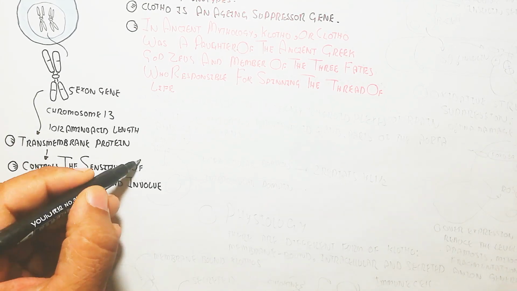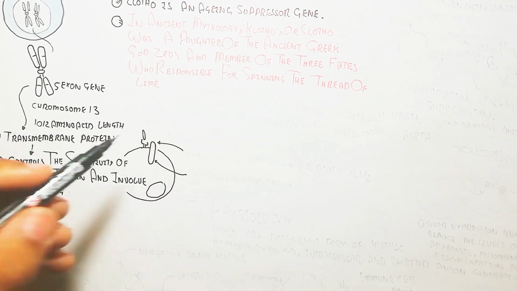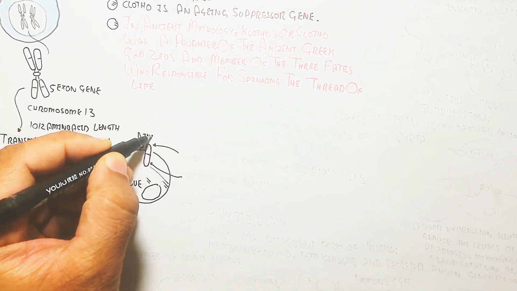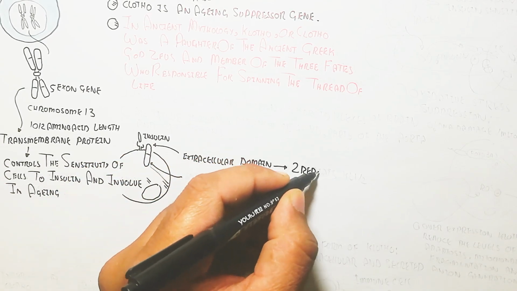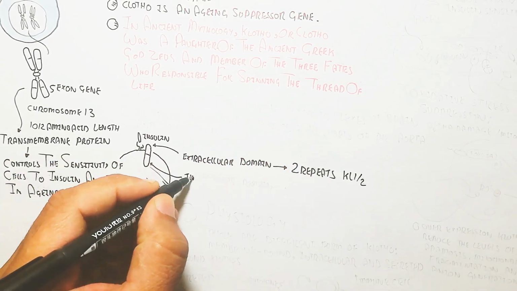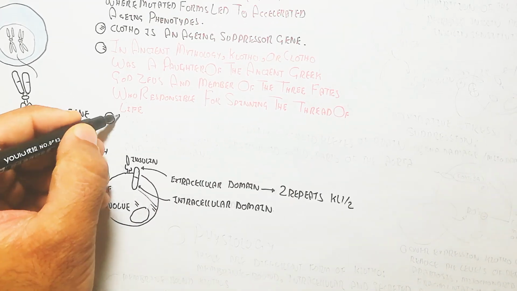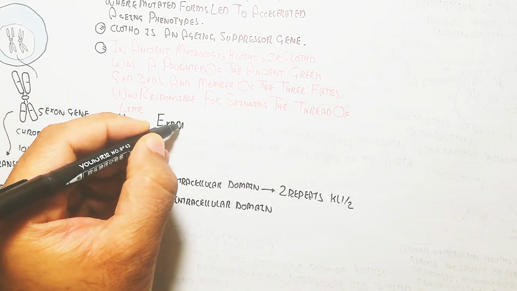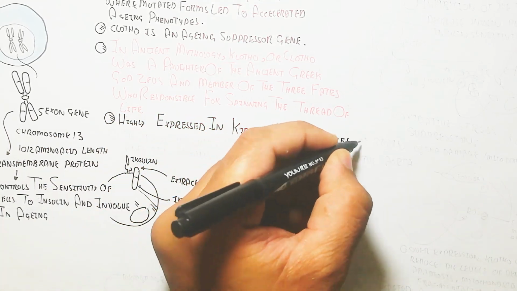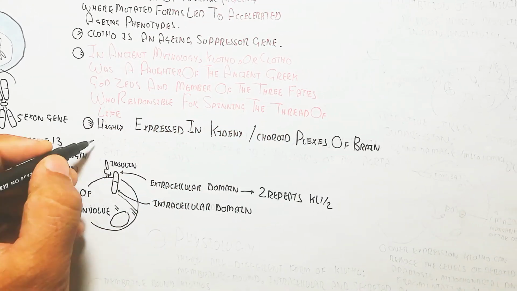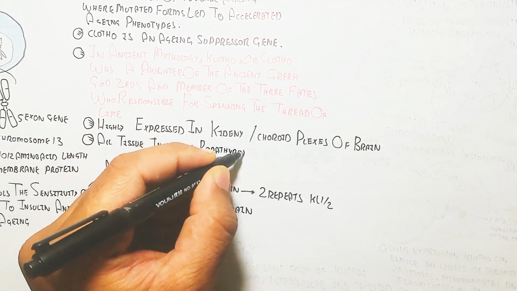It has an extracellular domain, which can be secreted, with 2 repeats, Klotho 1 and 2, and an intracellular domain, which remains inside of the cell. It is highly expressed in the kidney, the choroid plexus of the brain, and all tissues including the parathyroid gland, part of the aorta, and sex organs.